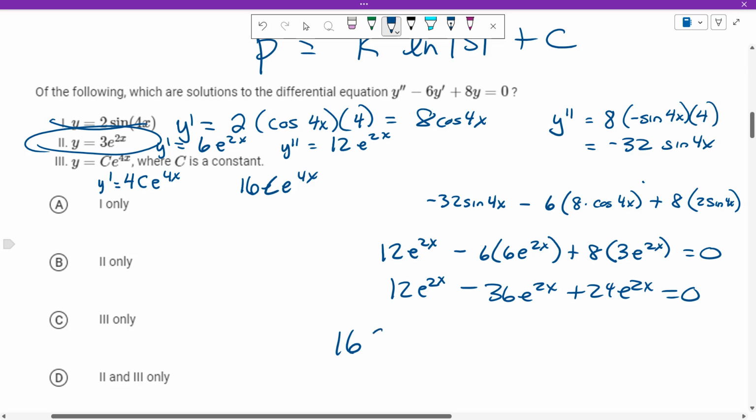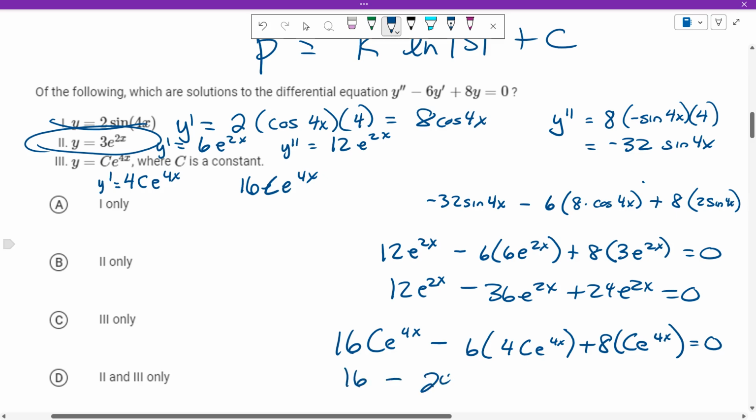So it's 16Ce to the 4x minus 6 times 4Ce to the 4x plus 8 times Ce to the 4x equal to 0. So it's 16 minus 24 plus 8 equals 0. Yes, so 2 and 3 only.